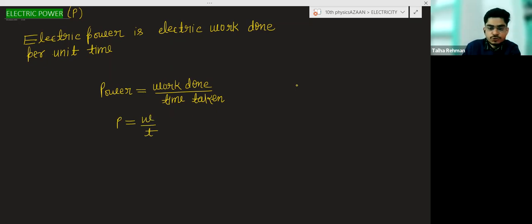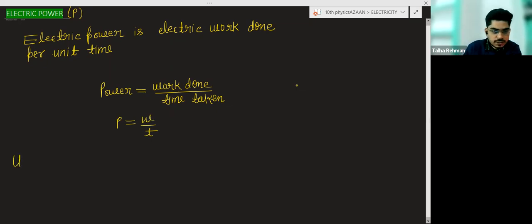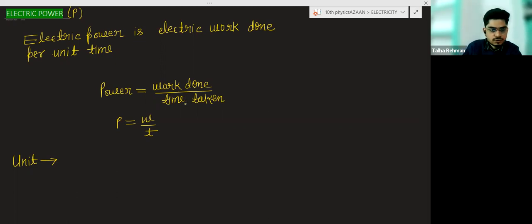Now, the SI unit of power. See, power is work done divided by time. Unit of work done is joule, unit of energy is also joule. So unit of work is joule, unit of time is second.